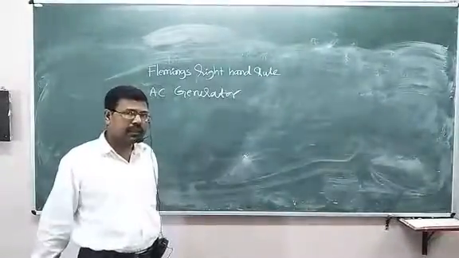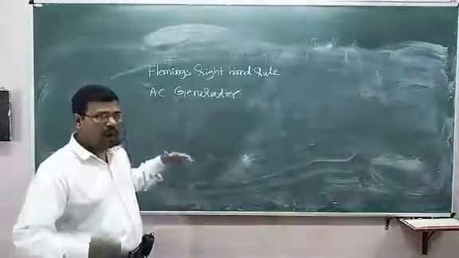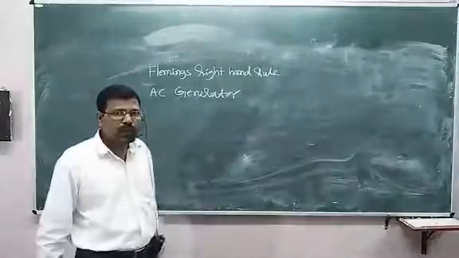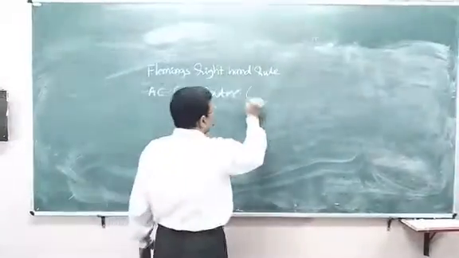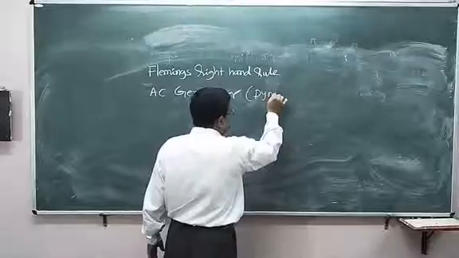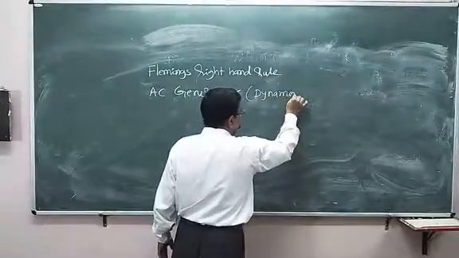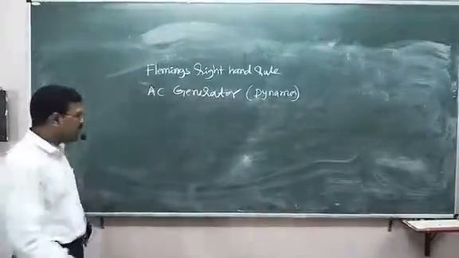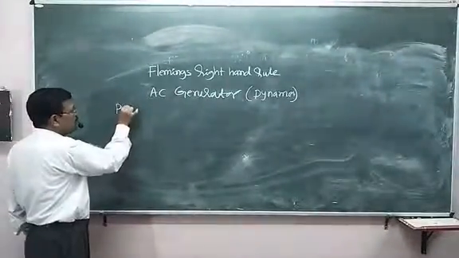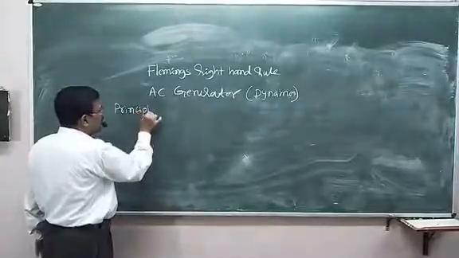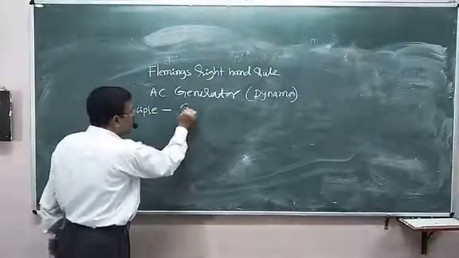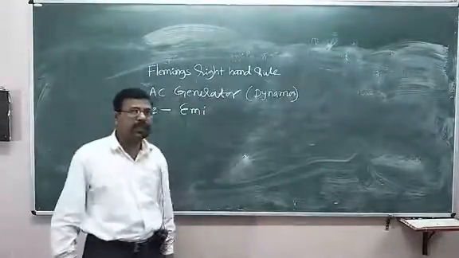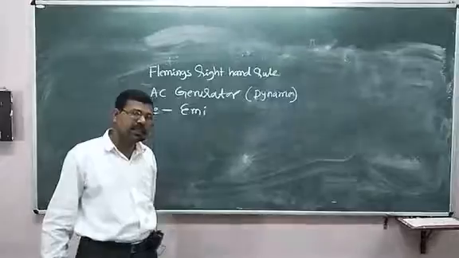Here, alternating current is generated by this device, which is known as a dynamo or AC generator. This AC generator works on the principle of electromagnetic induction, EMI.